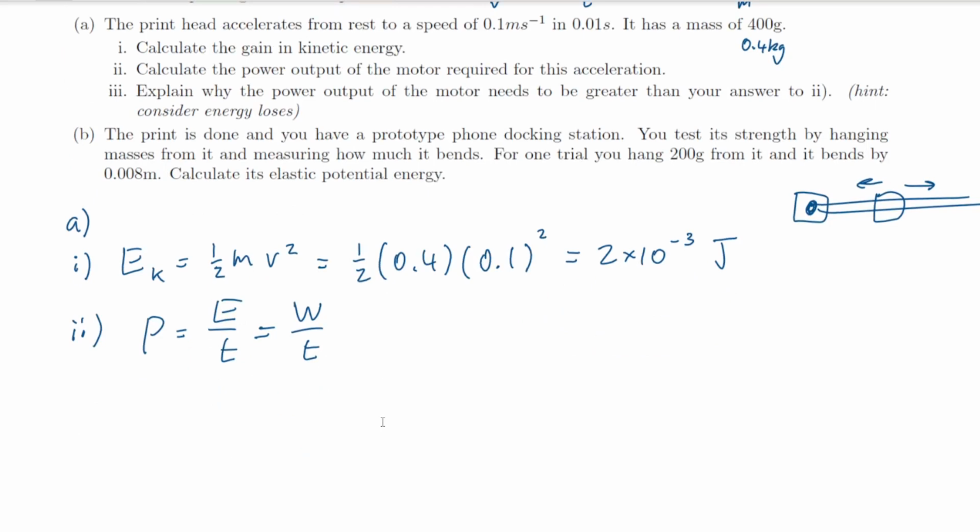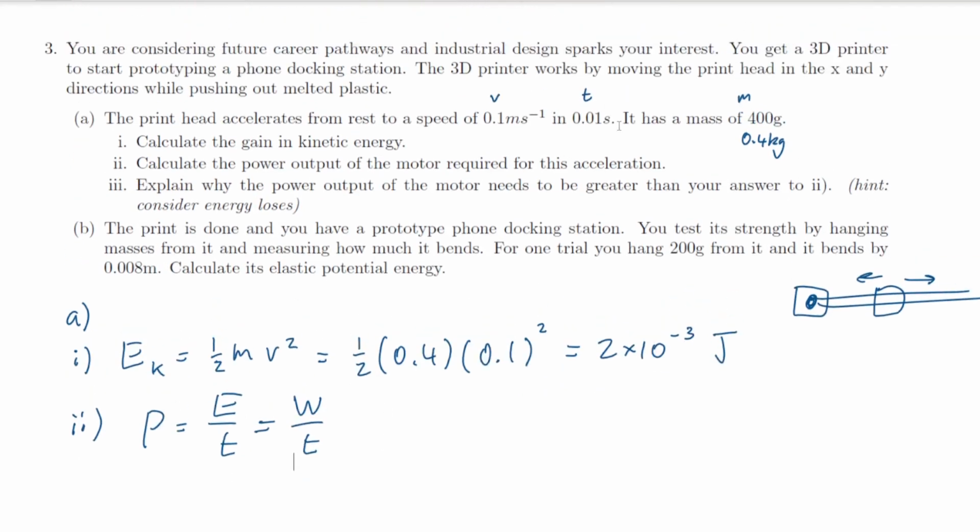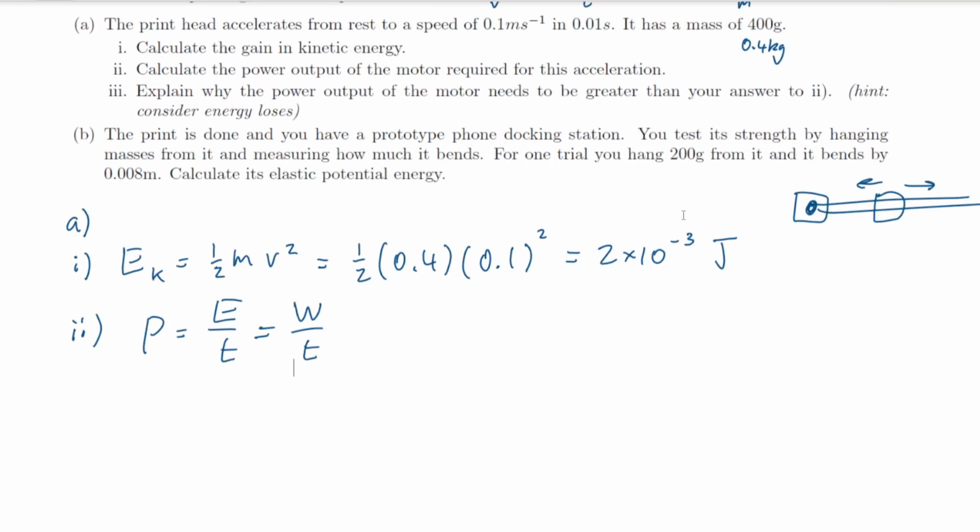And we are given time, right? Because it did this maneuver in 0.01 seconds. So the power output would be the kinetic energy that the printer had gained divided by how long it took it to gain that energy.